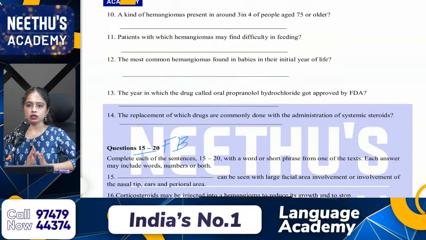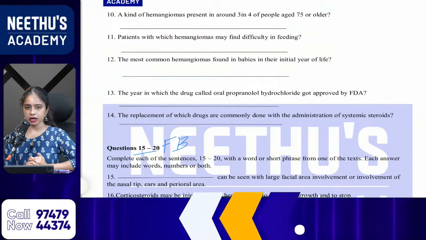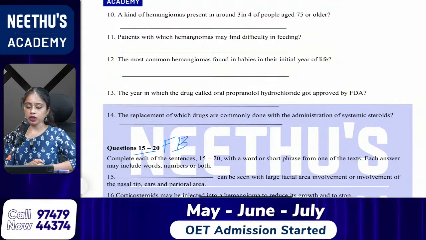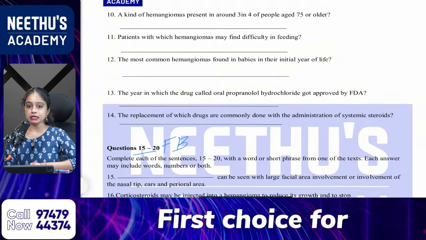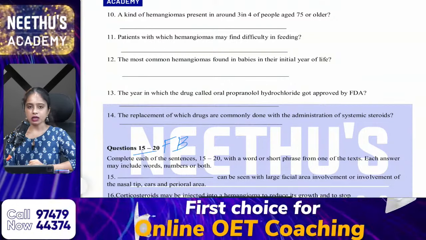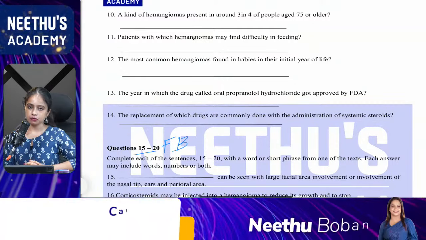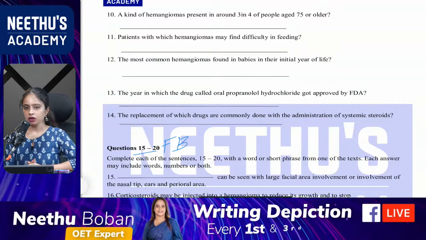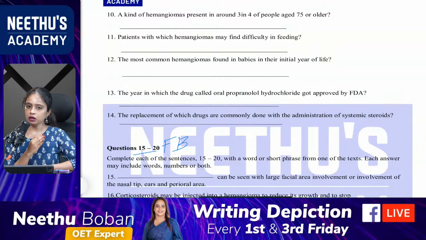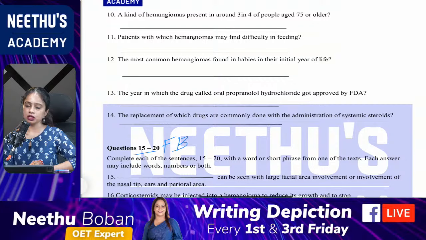So you can mark all the headings, all the subheadings, all the numbers. When you read, you can see that numbers will be in figures as well as in words. For example, THREE, 3. That is in words, or I can say letters. You can mark those kinds of words and numbers as well as figures.